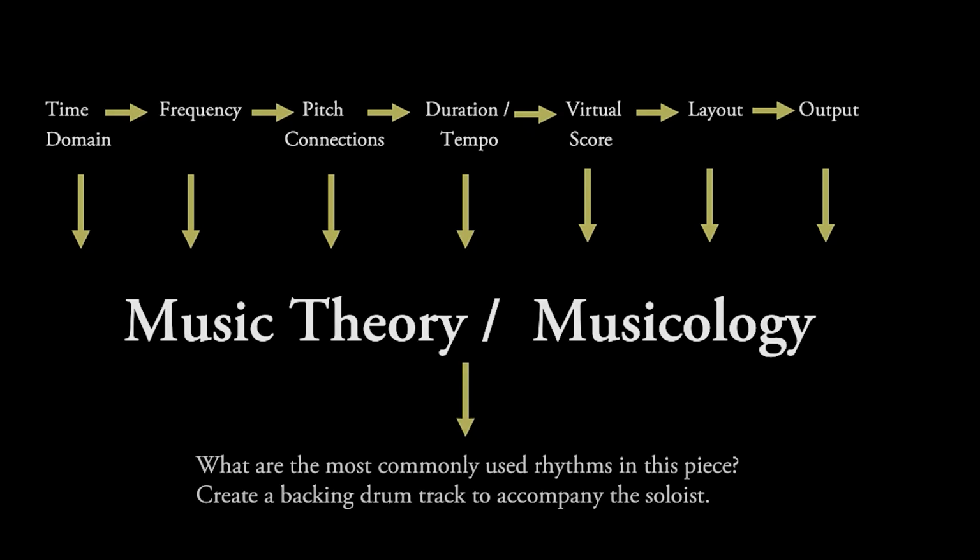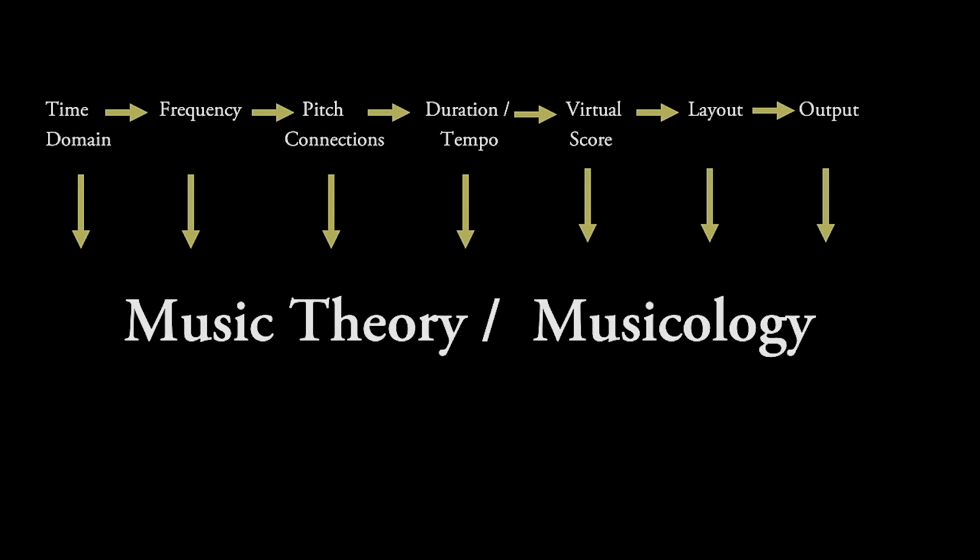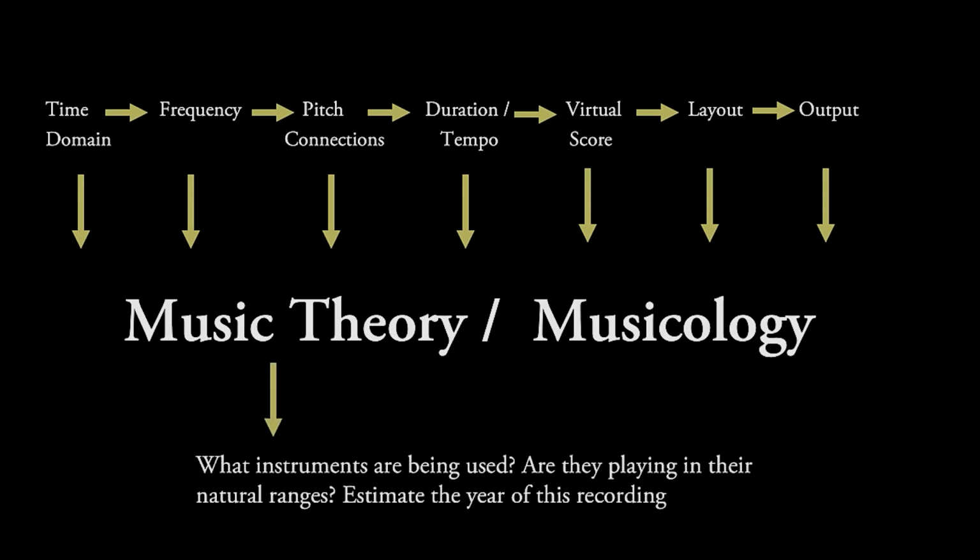So, for instance, at the duration tempo level, we can start to ask, well, what are the most commonly used rhythms in this piece? And from there, let's create a backing drum track to accompany the soloist, because we figured out what kinds of durations, what kinds of rhythms, connected this with a database, and so on. Or at the frequency to pitch connections level, we can now understand, based on which overtones were removed, what instruments were being used.